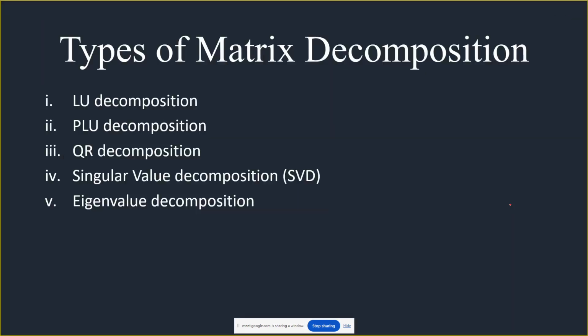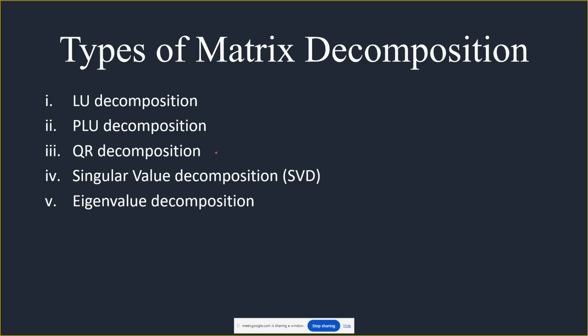Now, how many types of matrix decomposition are available? There are 5 kinds of matrix decomposition available. In this session we will cover the LU decomposition, the PLU decomposition, and we will see some sort of QR decomposition.